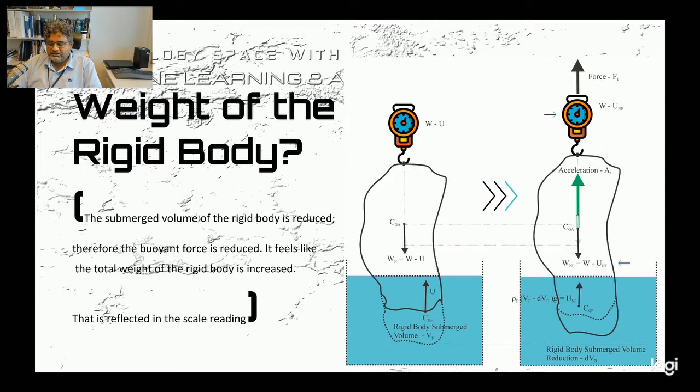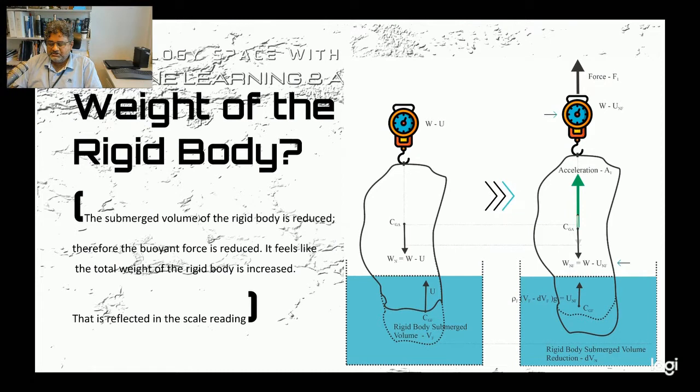Due to that buoyant force reduction, the rigid body could feel like it has gained some weight. The new weight of the rigid body would be represented by WNF, which is equal to W, the original weight of the rigid body, minus the new buoyant force UNF.